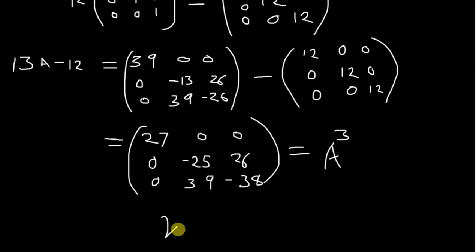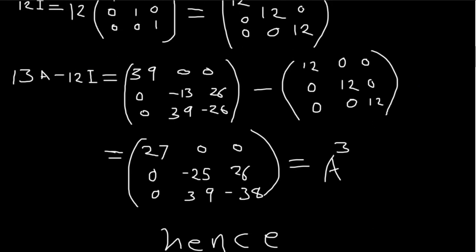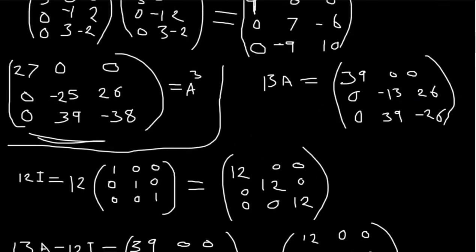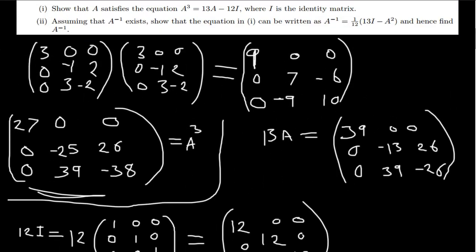Hence shown. So we have shown that 13a minus 12i is just the same as a to the power 3. I forgot to put i here. We have shown that.